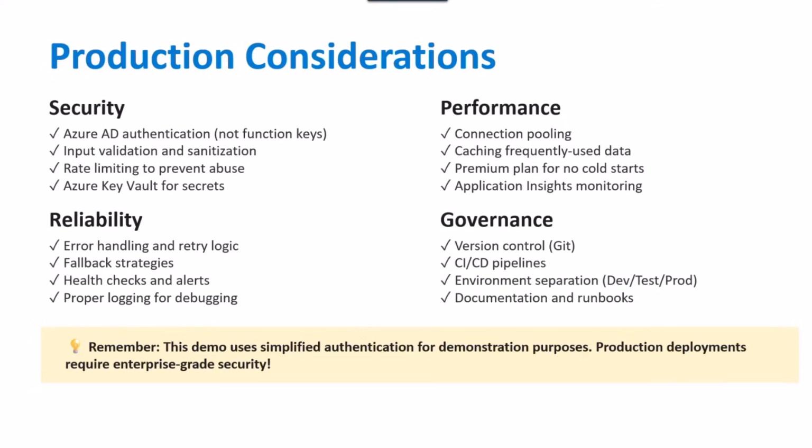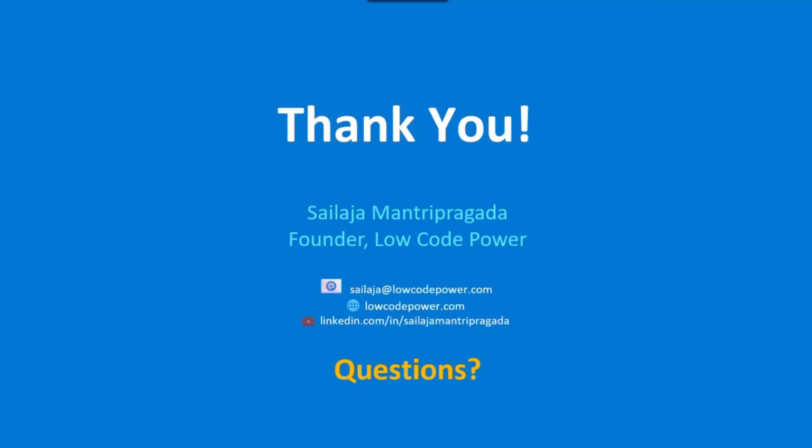Use Azure Key Vault for secrets and a bunch of things here. I don't know if I crossed my time, but version control, use Git and CI/CD pipelines, and have environment separation and logging and everything.